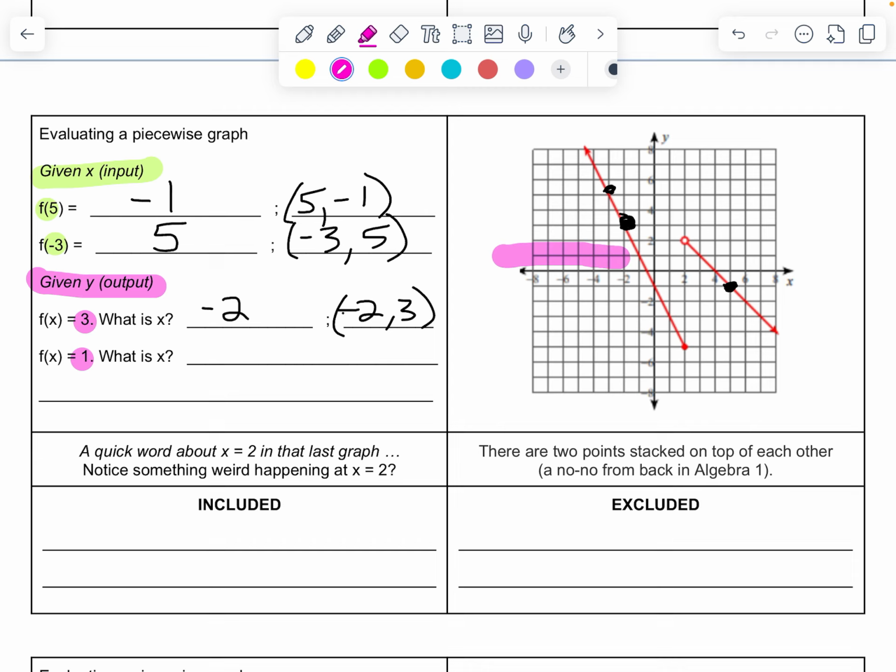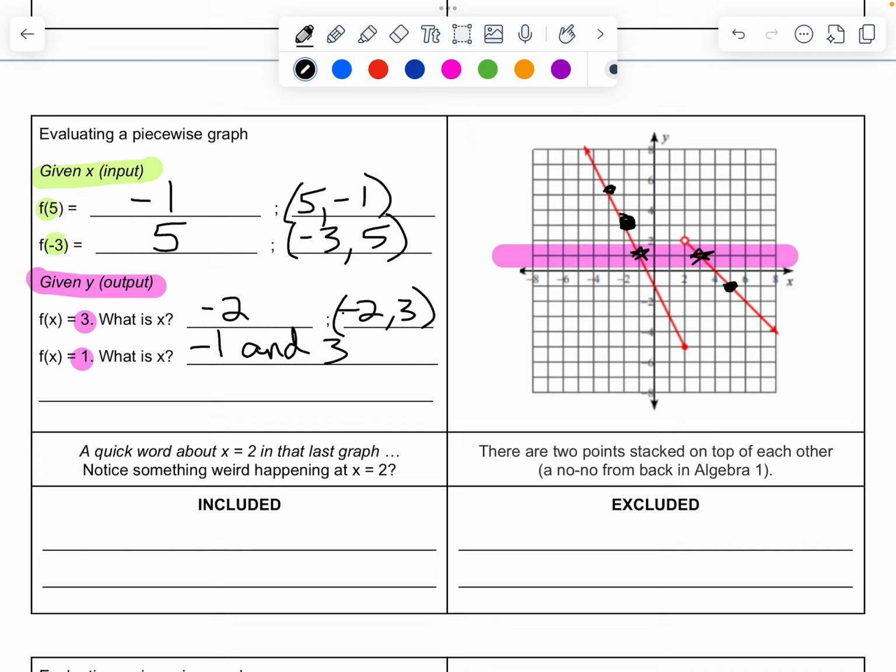And as I draw from left to right, bang, I hit the graph once, I hit the graph a second time. So understanding that it is possible, we had something right there and something right there. Again, it's giving me a y value of 1. It is possible to have more than one answer in these scenarios. So it looks like I had an x value at negative 1 and at 3.